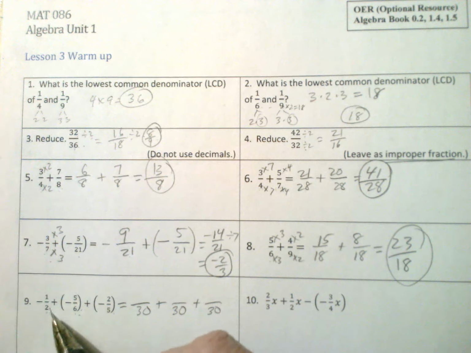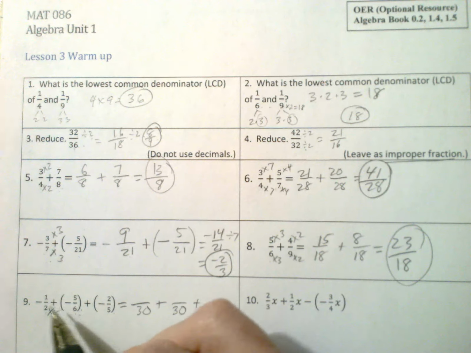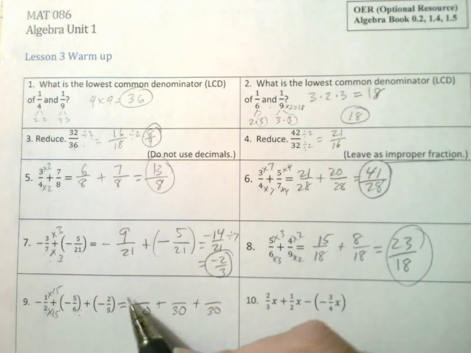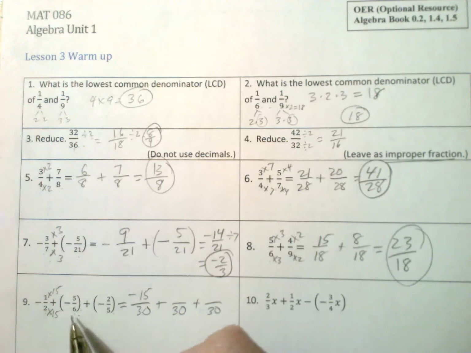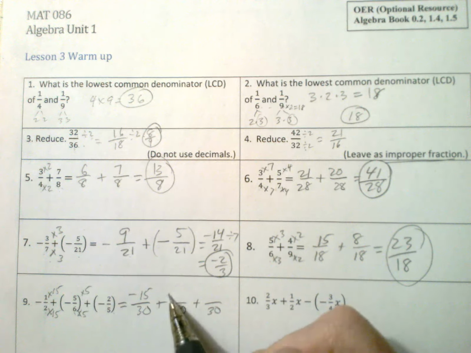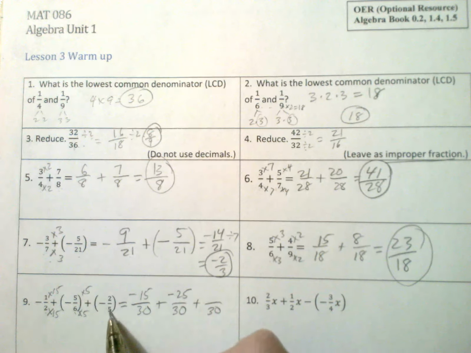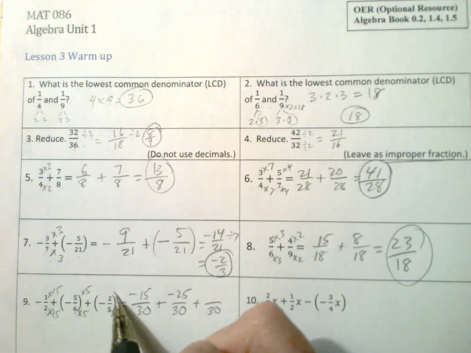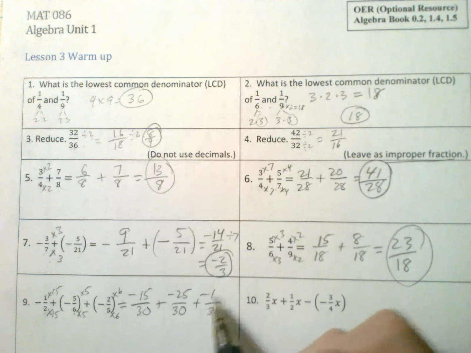So this is going to be 2 into 30 is 15, and that's a negative. 6 into 30 is 5, and that's a negative. 5 into 30 is 6, so that's a negative.